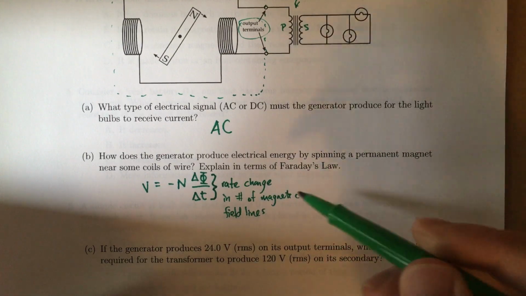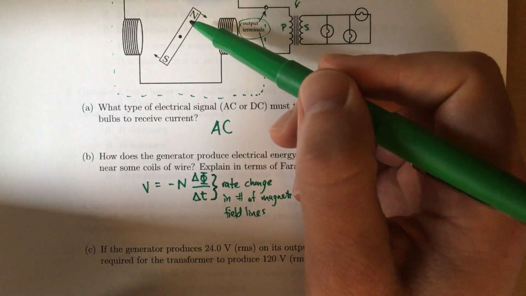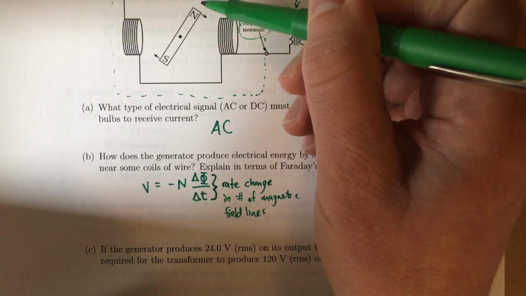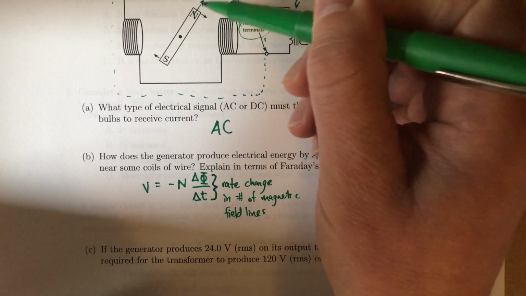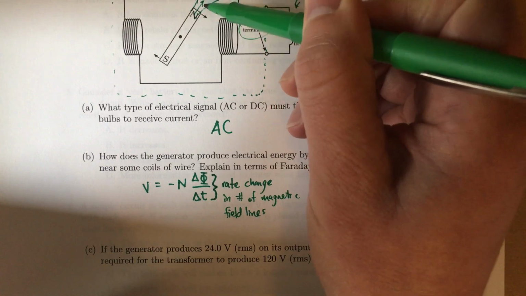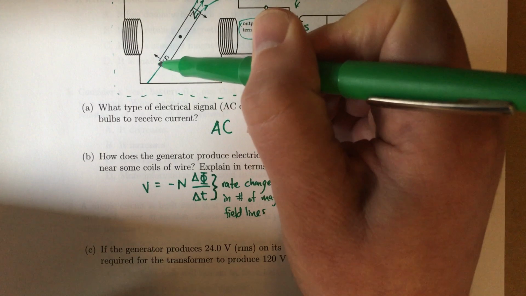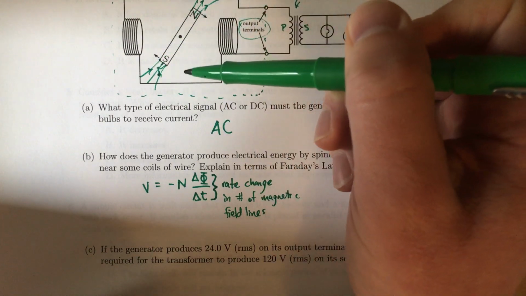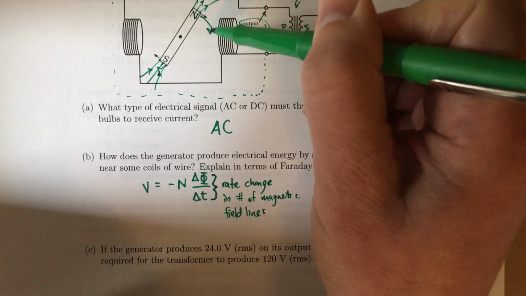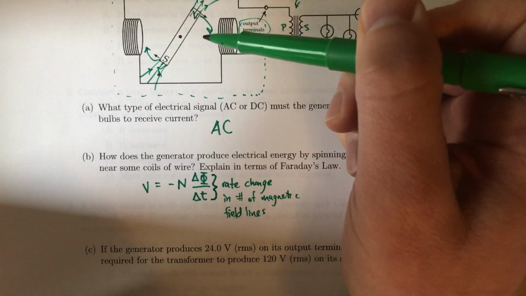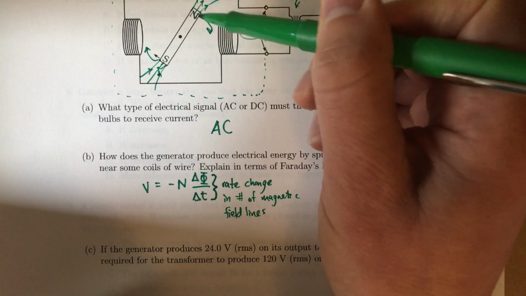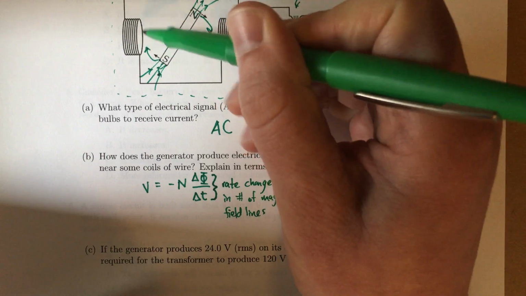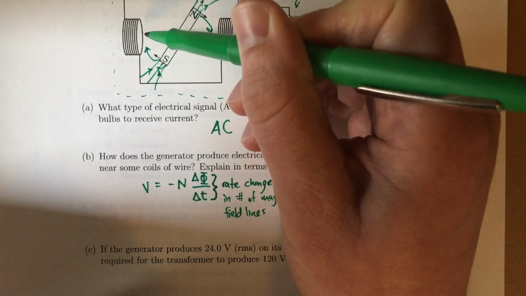When this magnet up here rotates, you have field lines coming out here, coming back around and going into the south pole of that permanent magnet. And as this thing rotates back down here and this thing comes back up there, you are, at least for that part of the rotation, increasing the number of field lines present in this coil and in this coil as the south pole of the magnet comes up towards it.